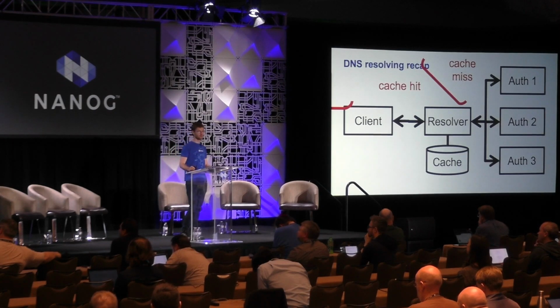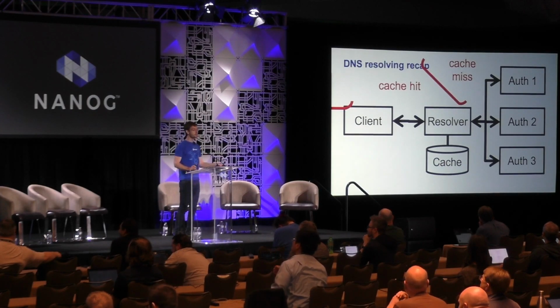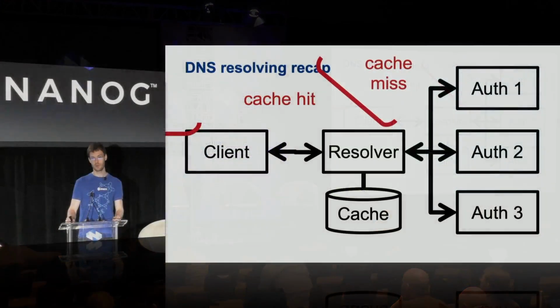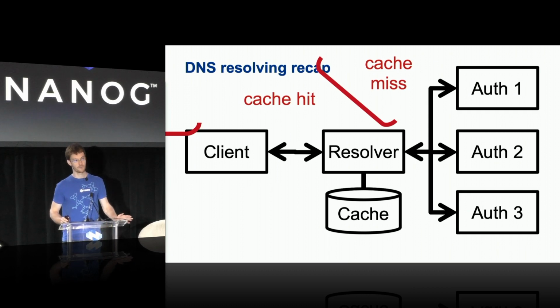Okay, this will be fun because the graphics on the slides broke. Well, the most important thing to remember for this talk and for any DNS benchmarking you ever do is that a DNS query can be resolved in two different ways.